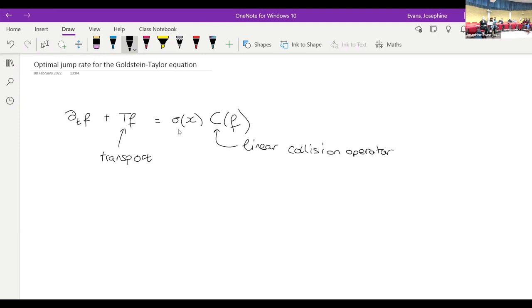And then the unusual thing is here we have a spatially dependent jump rate. So how fast you're colliding, or your Fokker-Planck part, or your linear Boltzmann part, how fast these jumps happen, or how big your diffusion in V is, depends on space. And it's encoded by this function sigma x.